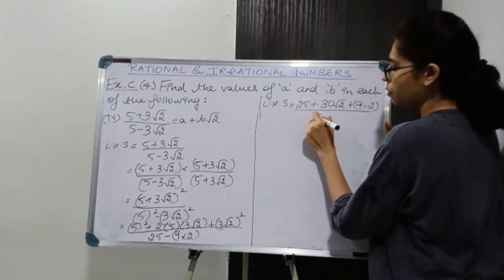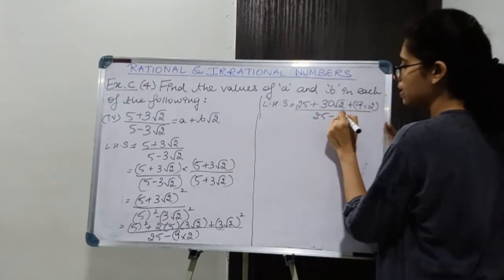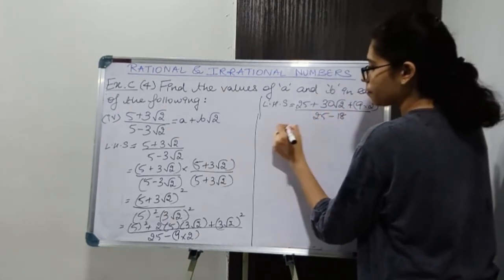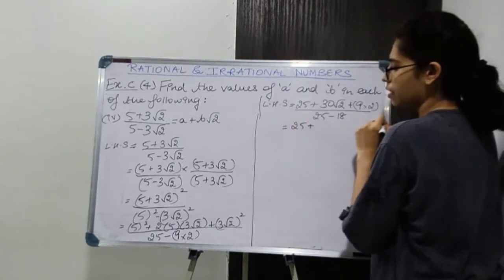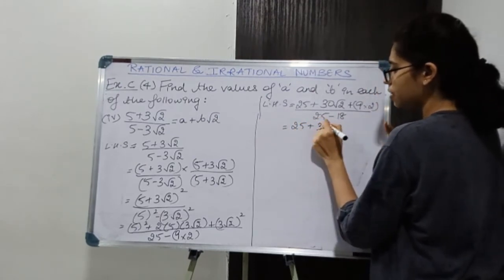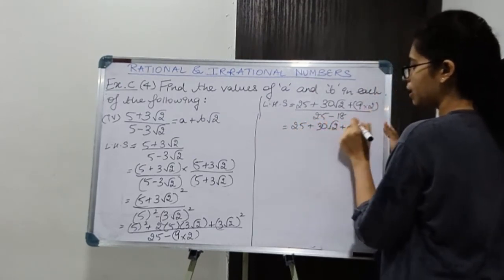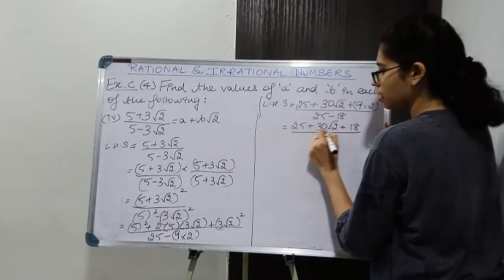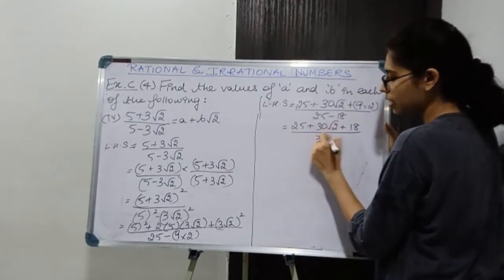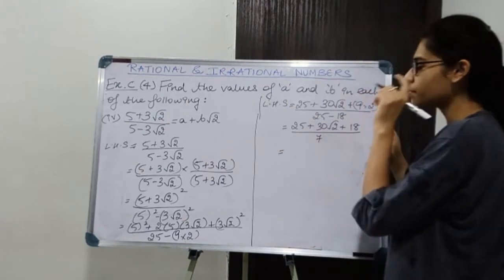Over here I get 25 minus 18 in the denominator. In the numerator, 25 plus 30√2, 9 2s are 18, and the denominator 25 minus 18 is 7.